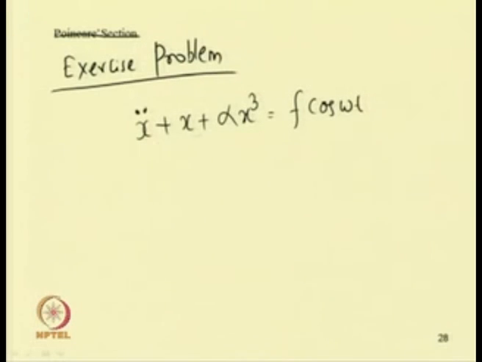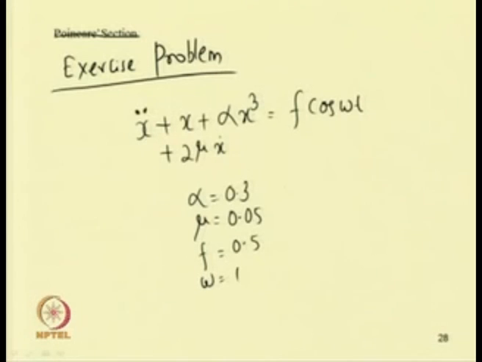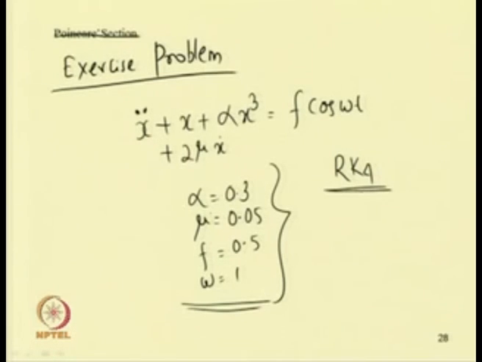Take different values of this alpha and let us add damping also, mu x dot. So, let us take alpha equal to 0.3, mu equal to 0.05, f equal to 0.5 and omega equal to 1. So, taking this, use RK4 method, fourth order Runge-Kutta method, to find the solution of this equation.